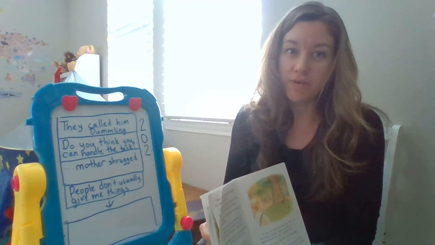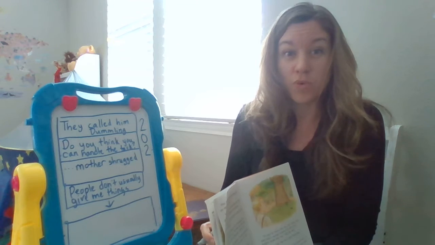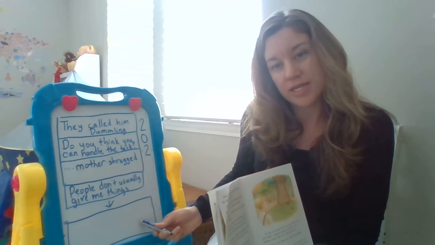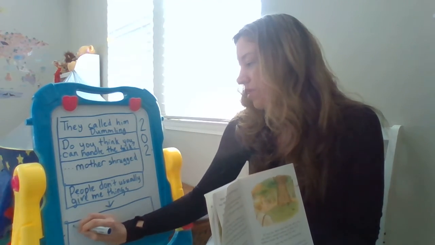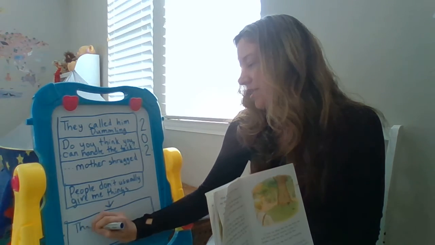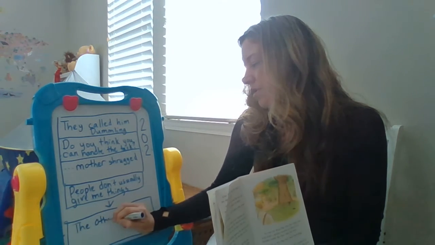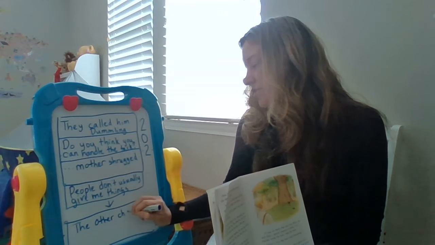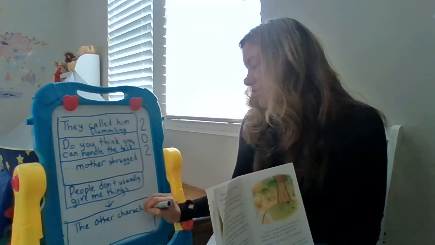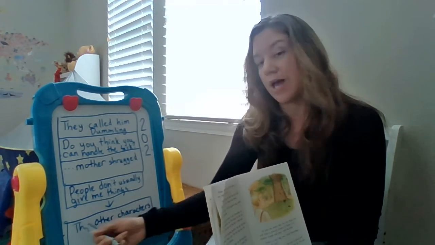So what is the point of view that the characters have toward Dummling? Write your idea in here. So you can start it like this. The other characters, okay, if you don't spell it exactly right, but I do want that capital there.